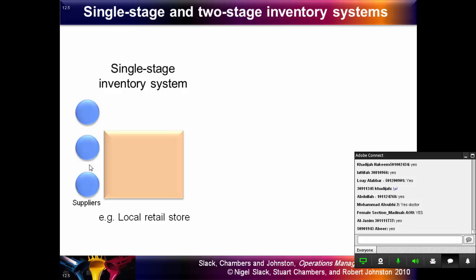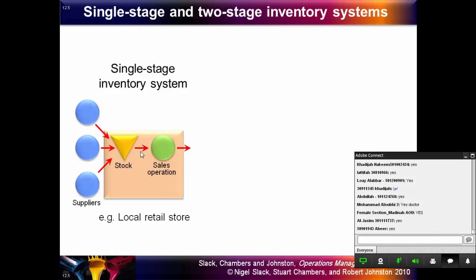Those are the suppliers, and they all accumulate the stock or inventory in one place. After that we do our operations and produce our final products, and then we send them to the sales operation in order to sell the final product. This is what we call the single stage inventory system.